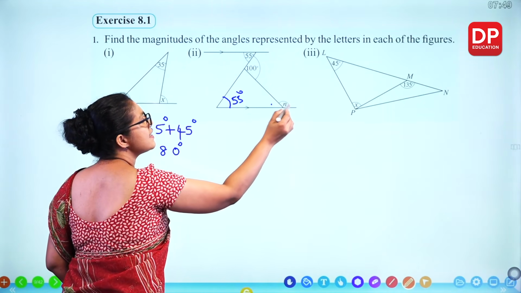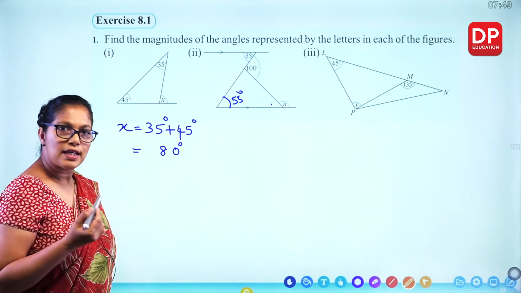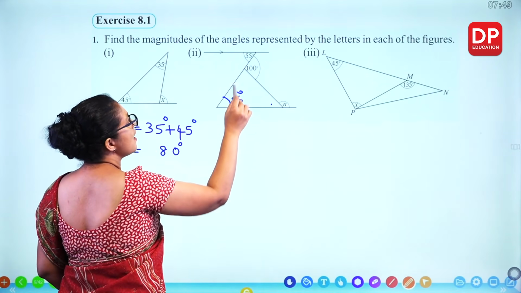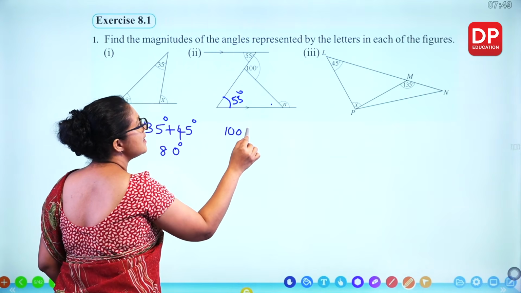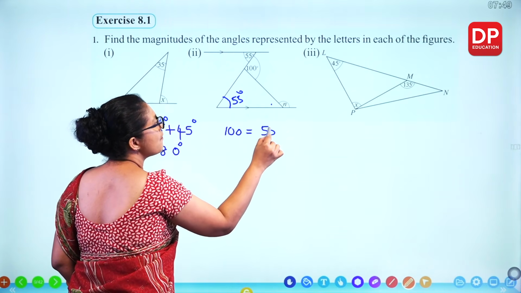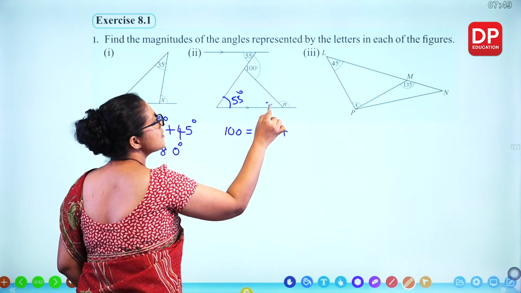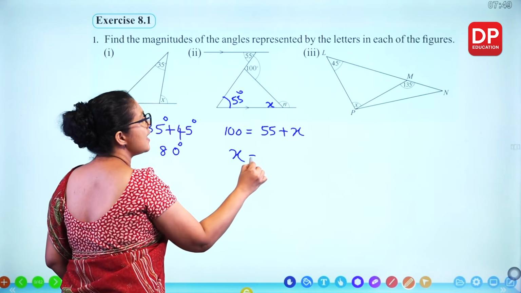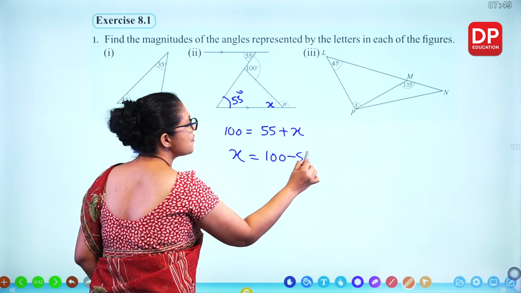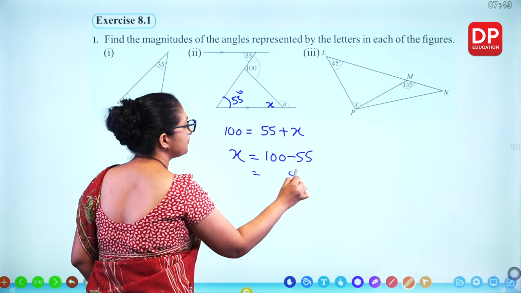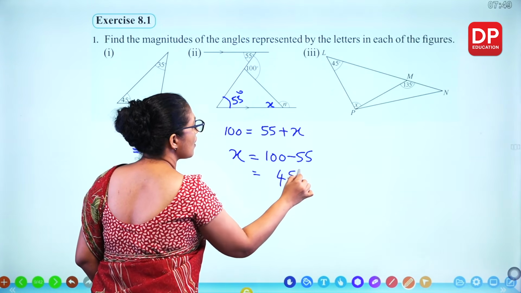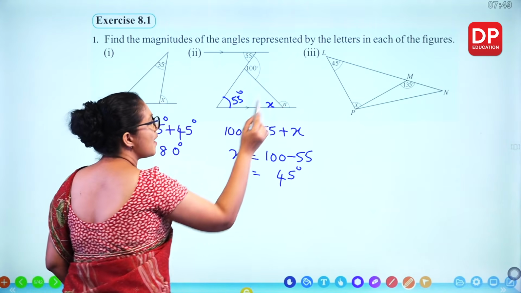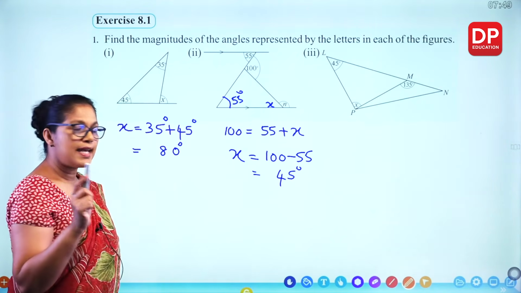And after you get this angle, you can find out N. So here straight away we can write down 100 is equal to 55 plus, I'll put this one as X. So what's X value? X is 100 minus 55. So what do you get? 45 degrees.